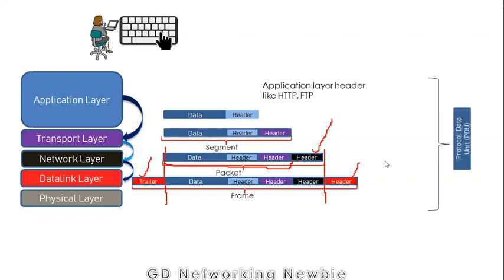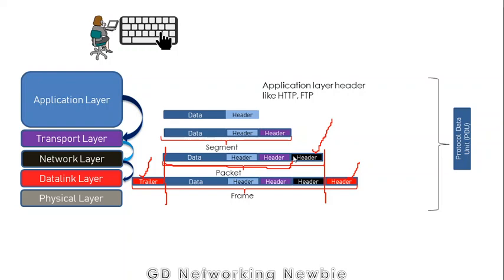In general, the common name for all of them is PDU, that is Protocol Data Unit. So this is also a protocol data unit, this is also a protocol data unit. These all are called PDU, but the specific name at the transport layer is segment if we are using TCP, but if we are using UDP, then it is called a datagram.